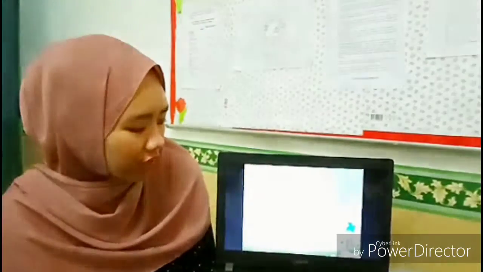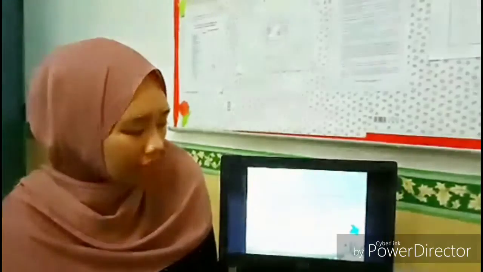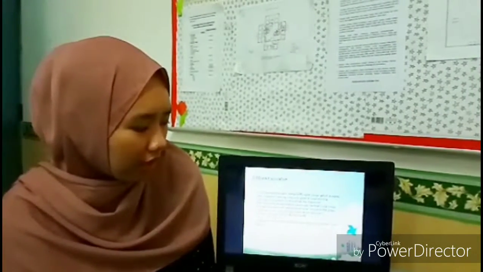Subtopic is data calculation. To get the times for each of the traffic light colors: red to stop, yellow to get ready to stop, and green to start moving.